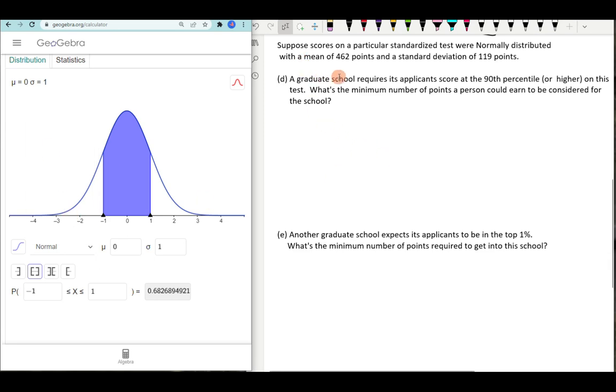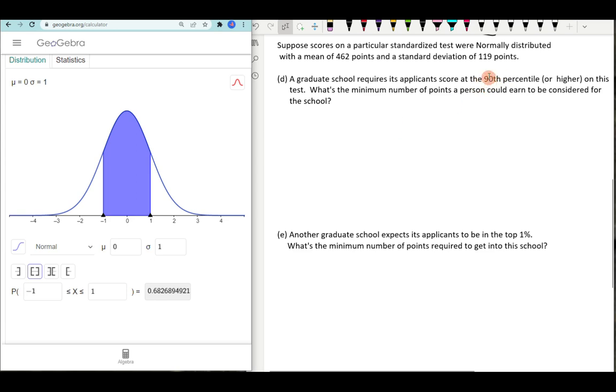A graduate school requires that its applicants score at the 90th percentile or higher on this exam. What's the minimum number of points a person could earn to be considered for the school? So note that in this question, it's not asking a probability. It's not saying what's the probability that a randomly selected student scores higher than 20 or something like that.